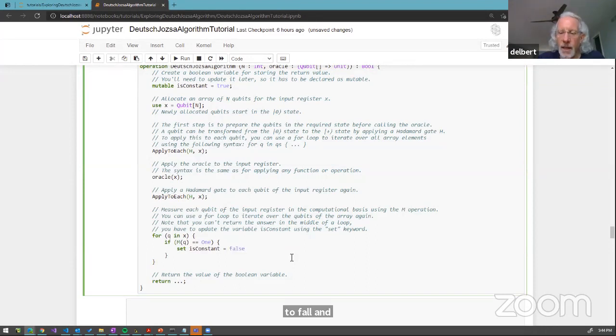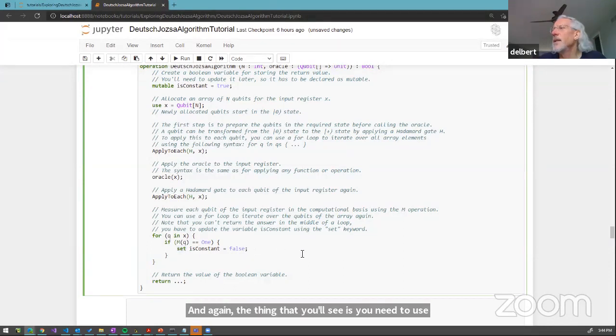And again, the thing you'll see is you need to use the set syntax, because in a functional language, generally your storage is immutable. So we want to explicitly set the variable to something. So then what are we going to return?